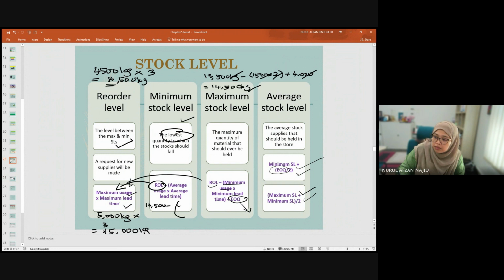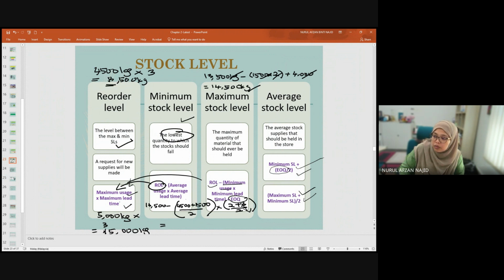Okay, so maximum 4,500 tambah 1,500 bahagi 2. Darabkan dengan average lead time, 2 tambah 3 bahagi 2. Okay? Ini jawapan dia.